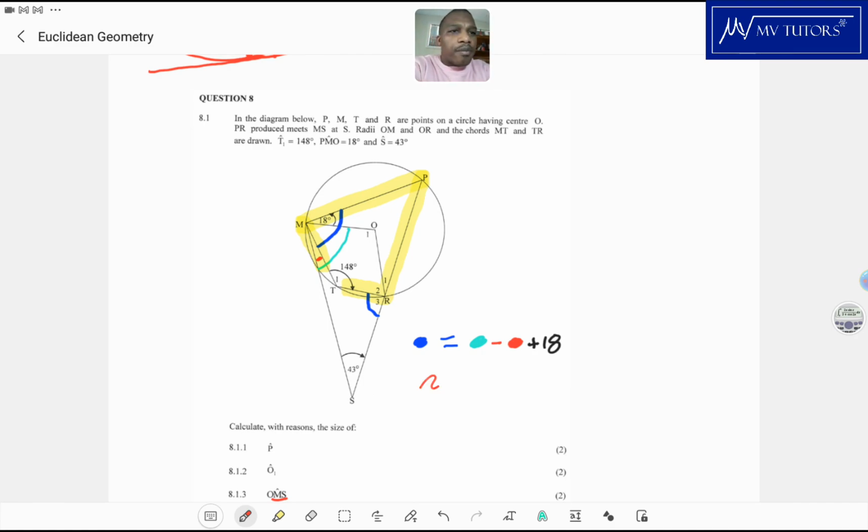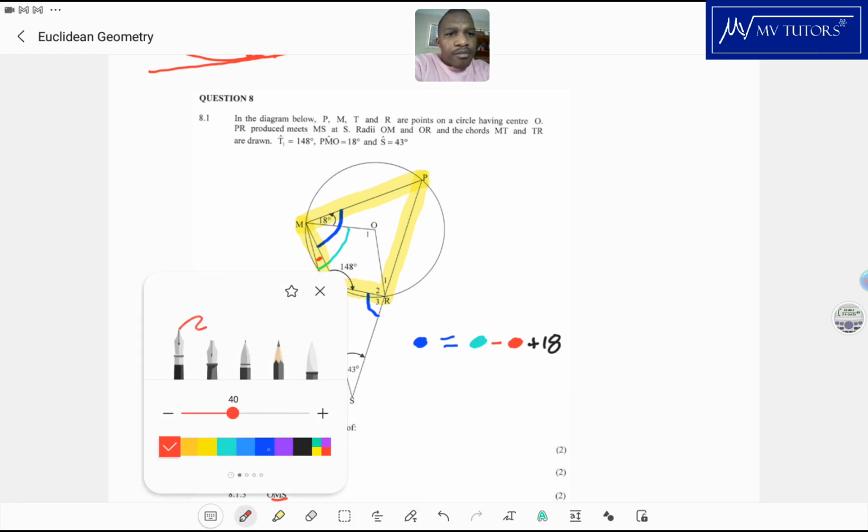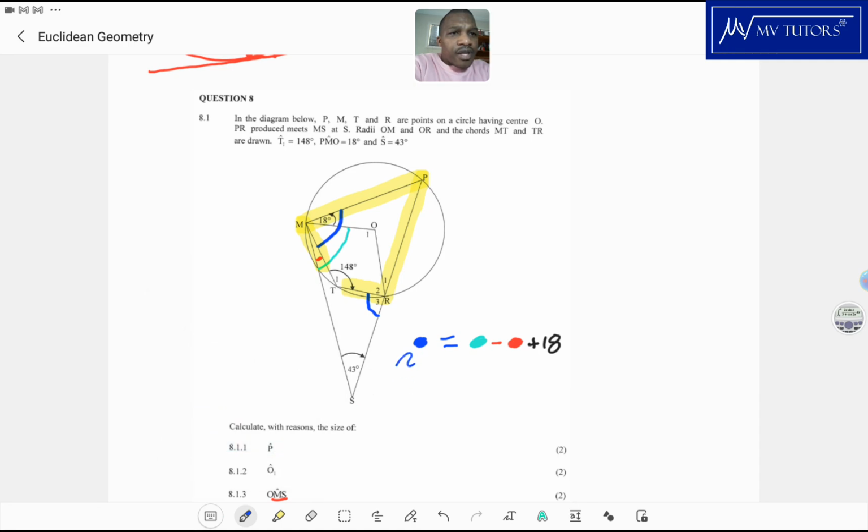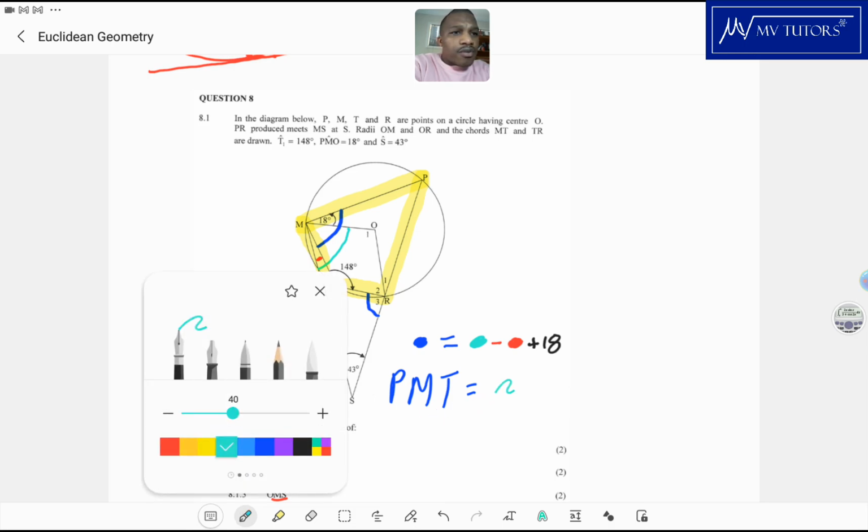Okay, we're back. So how do we get blue? Blue is basically the angle, let me write it in blue, it's basically the angle PMT. And I'm saying that's equal to the green angle, which is, what's the green angle?